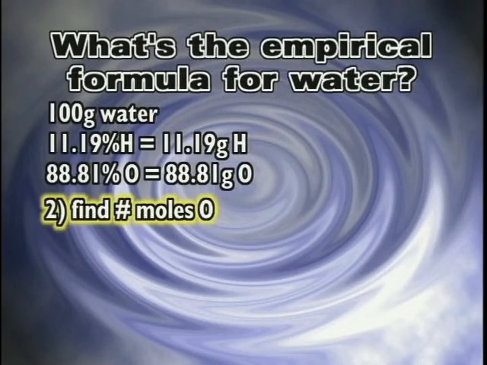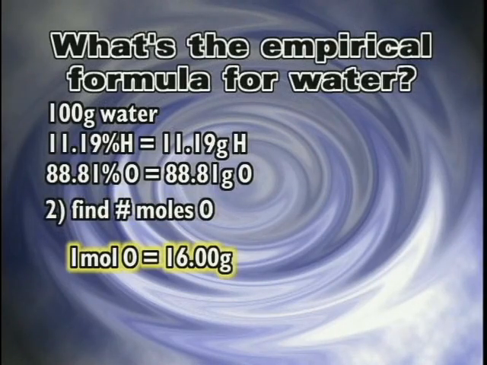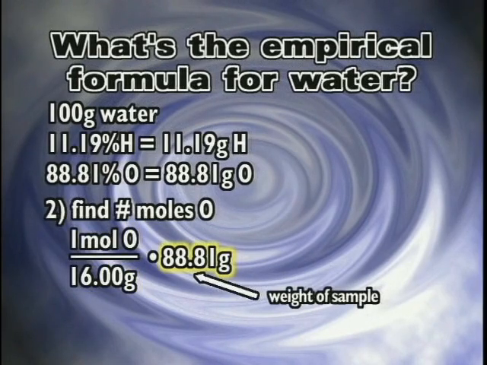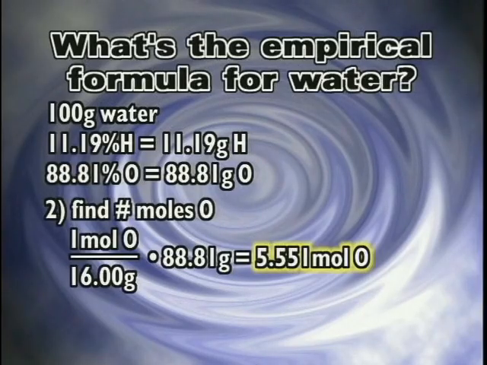Now we'll convert our sample of oxygen from grams to moles. 1 mole of oxygen atoms has a mass of 16.00 grams. So 1 mole of oxygen atoms over 16 grams of oxygen times our 88.81 gram sample of oxygen gives us 5.551 moles of oxygen atoms.